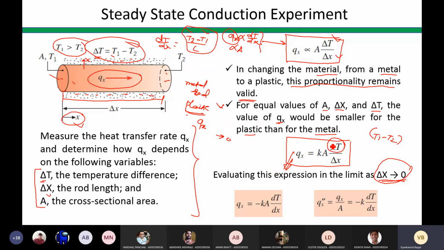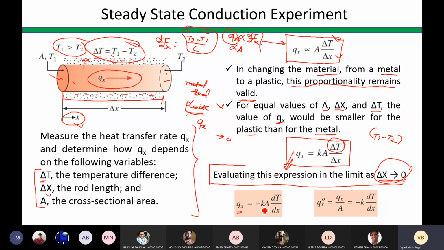What will happen to this delta? It will be replaced by d, the differential, or a very small differential component. You know this from your mathematical background. So straight away I can write now that Qx, the rate of heat transfer along the x direction, must be equal to minus KA dT by dx. Why I jumped from this to this expression is given in this. Under the limit I have to solve this.